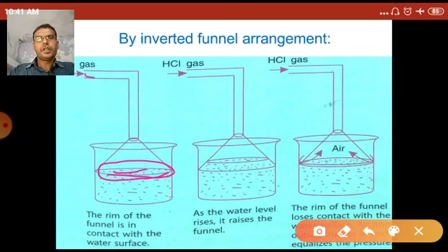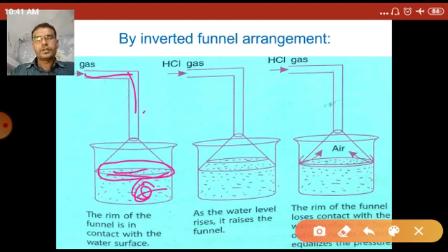So when the HCl gas passes through the delivery tube into the water through an inverted funnel, the hydrogen chloride gas dissolves in the water.